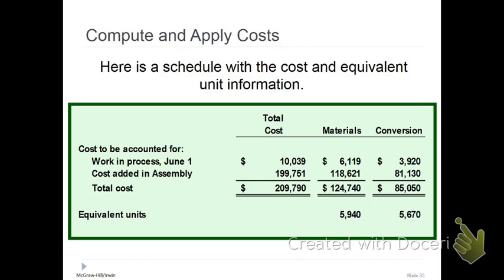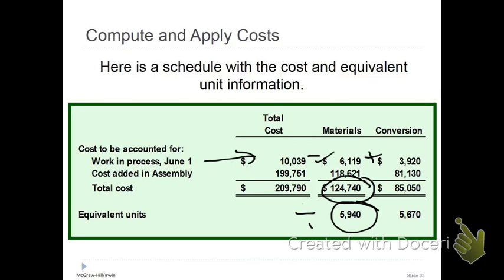So notice what we have here. We have our total costs for work in process, and we have a total, and then we have the materials and conversion, and it's materials plus conversion. It's going to equal that total. And so what that gives us is $124,740 in costs that were added for materials. We produced 5,940 units.